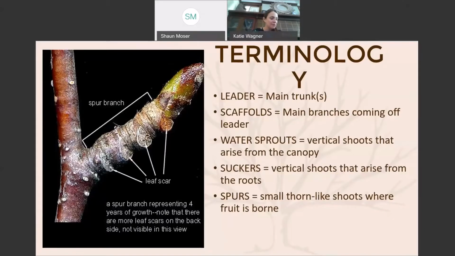So again, apples and pears and apricots and cherries will all produce spurs. Cherries and apricots also will bear fruit on year-old wood, but they also do produce some spurs too. So very important to be able to recognize that in those pome fruits.